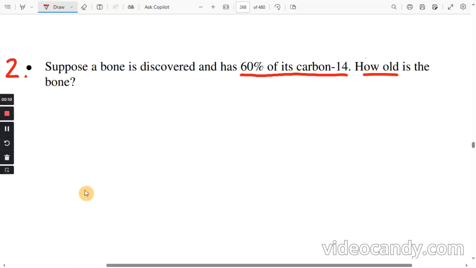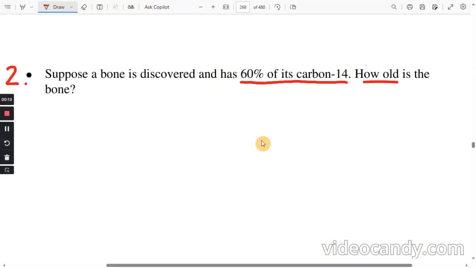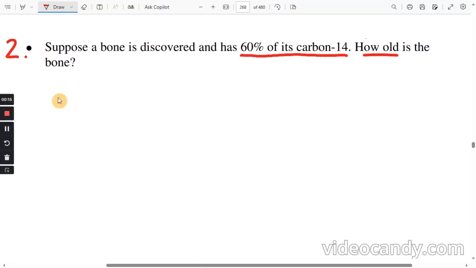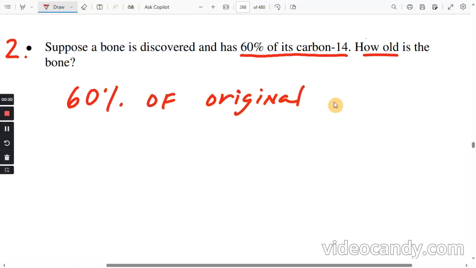How old is the bone? 60% of its carbon-14 means it has 60% of its original amount. 60% is the same as 0.60, and when you're dealing with percentages, "of" almost always means multiply.